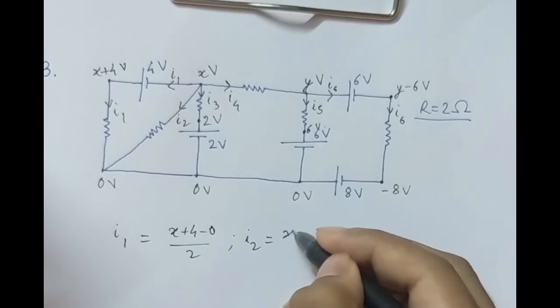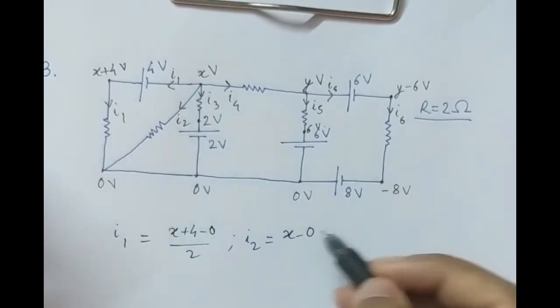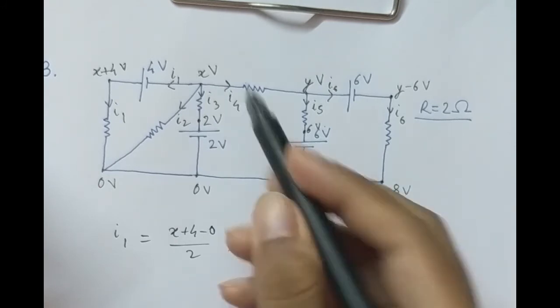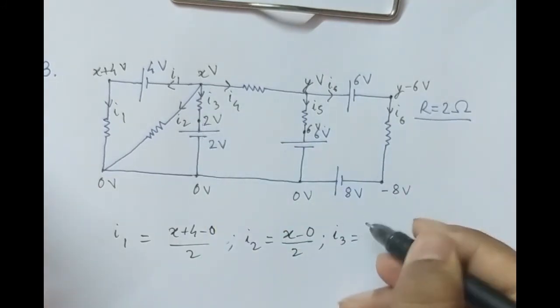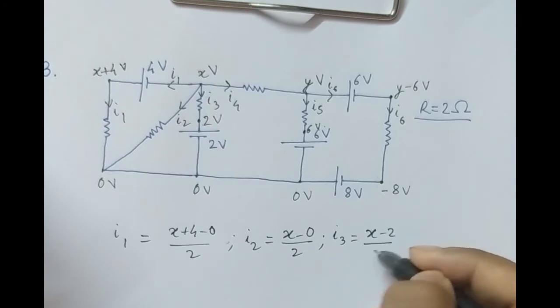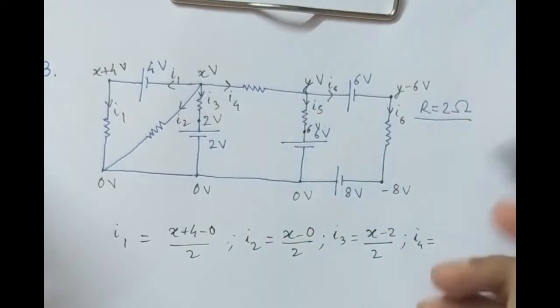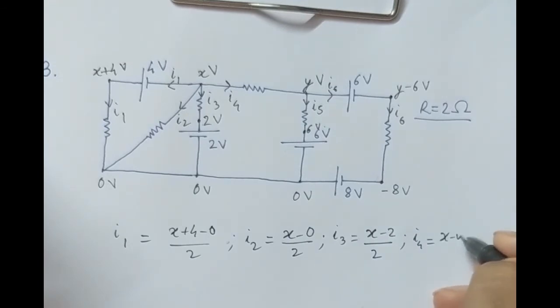I2 is equal to (x minus 0) divided by 2. And I3 is equal to (x minus 2) divided by 2. I4 is equal to (x minus y) divided by 2.